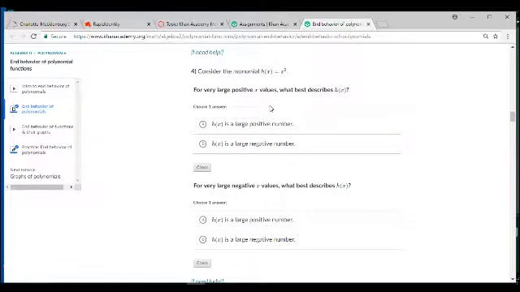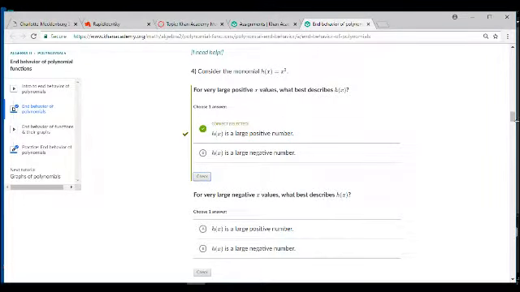Now, let's look at an example with a positive x value. So a million cubed, a million times a million times a million, is going to be a very large positive number. Okay? So let's check. Is h of x a very large positive number? Yes, it is. But what about a negative million?